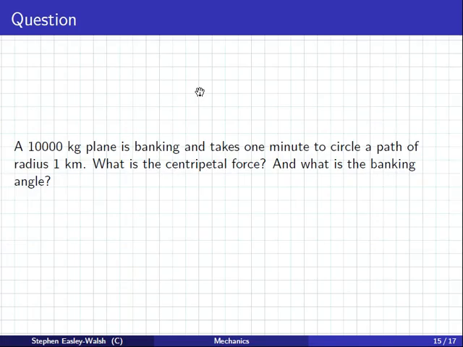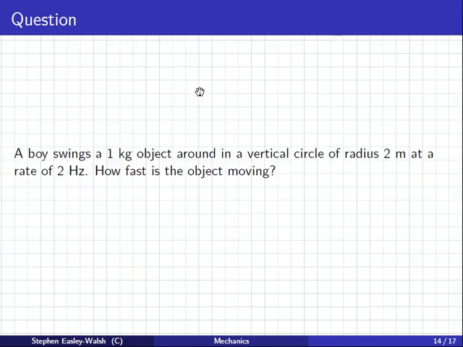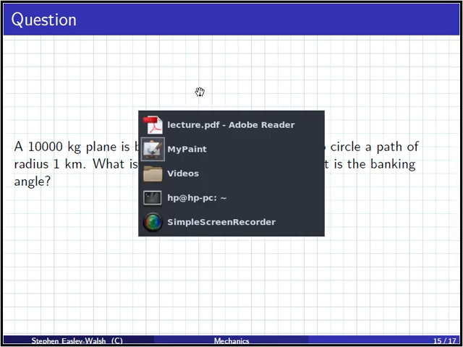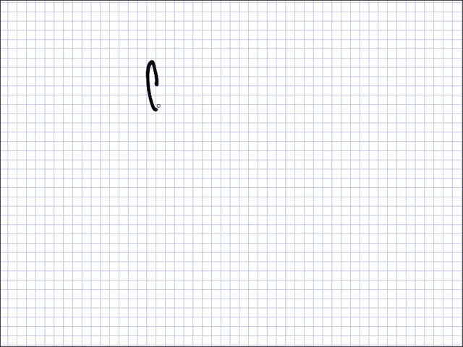Okay. So this next one here, a 10,000 kilogram plane is banking. So that means the plane is at an angle as it turns in a circle. It takes 1 minute to circle a path of 1 kilometer. What is the centripetal force? So I'll just draw that for you. If you were to look at it like this, you have your plane.